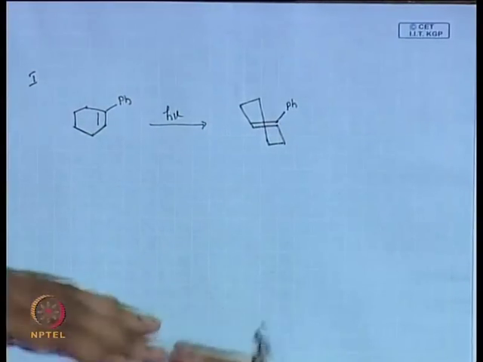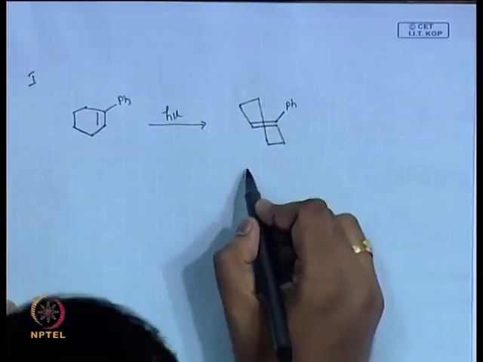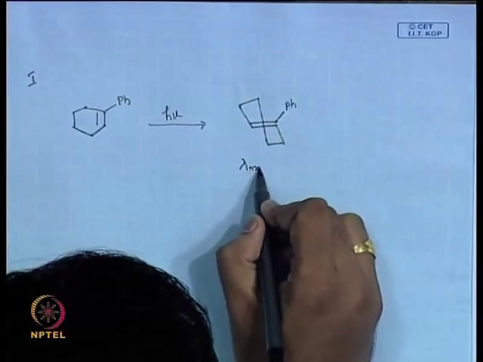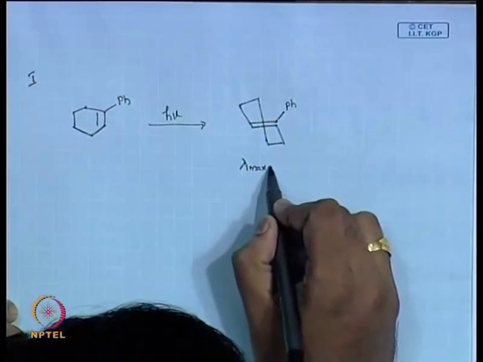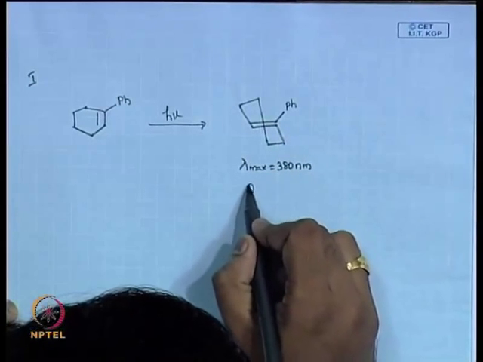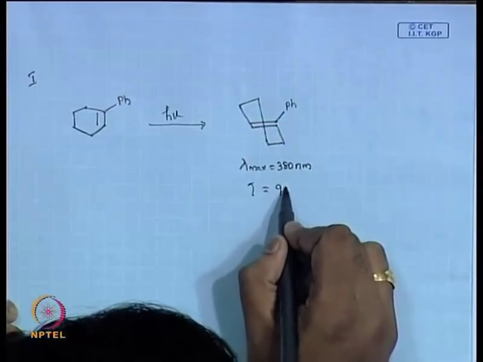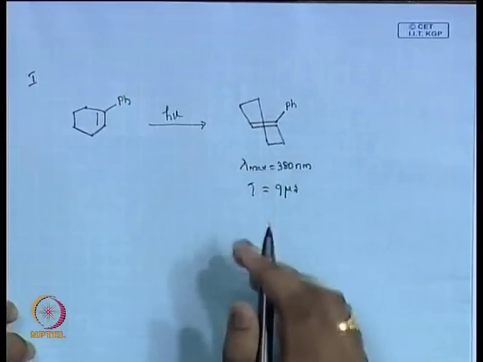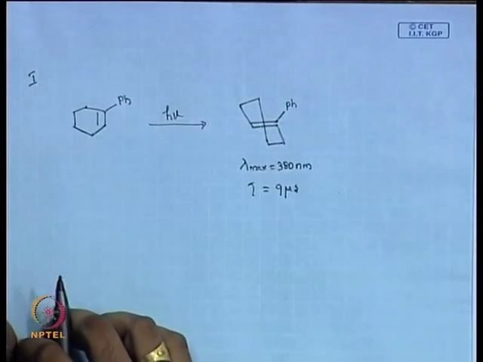That is why you keep your double bond in between, in the plane. Then you draw, then you get your cis and trans. You can move your phenyl down or you can move that. The lambda max of this particular compound is 380 nanometer, and the transient lifetime of the trans form of this compound is 9 microseconds.